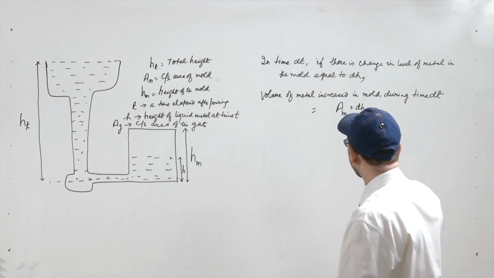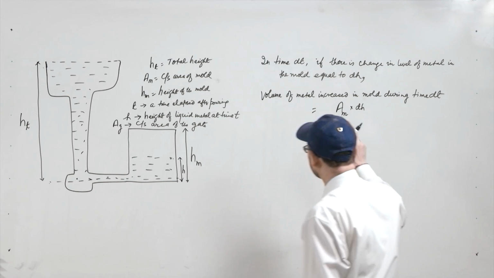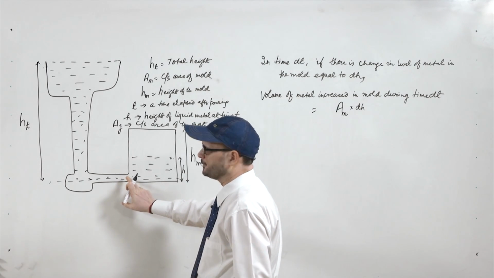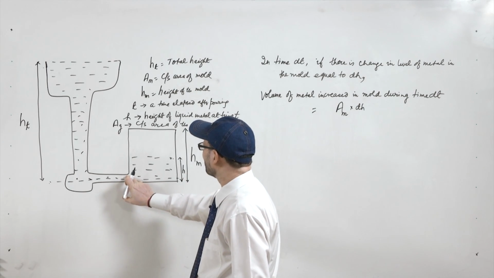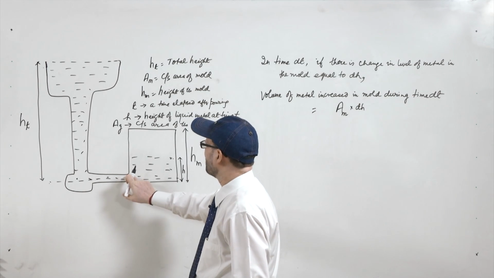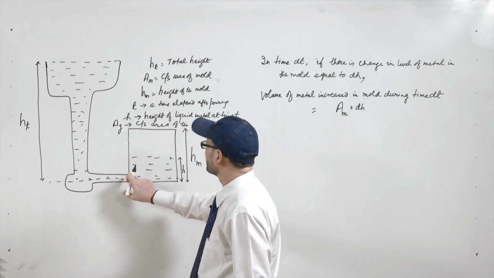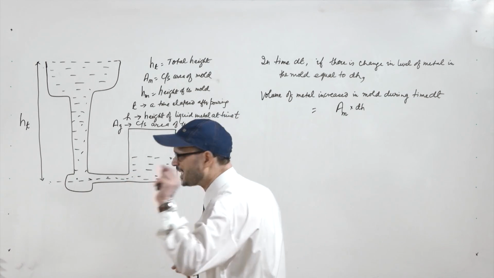Now, this volume is nothing but, in the time dt there has been some velocity here multiplied by the area of the cross section multiplied by the time.